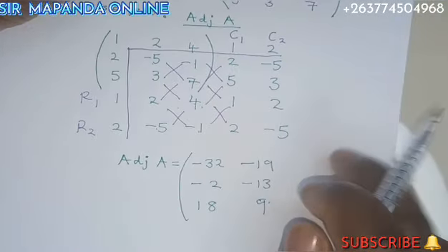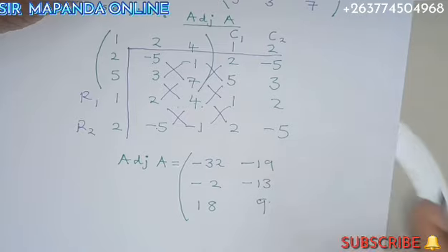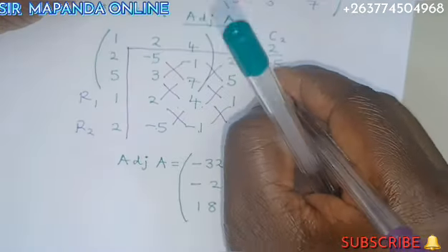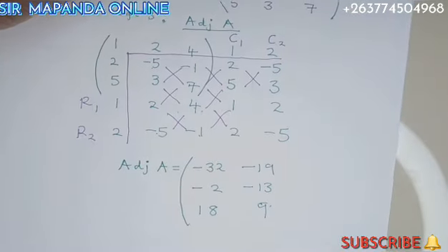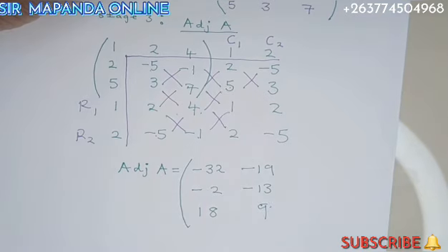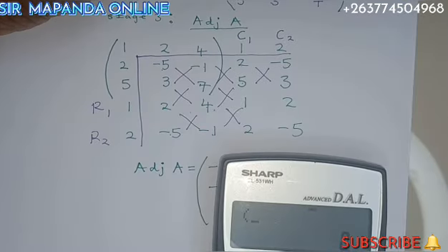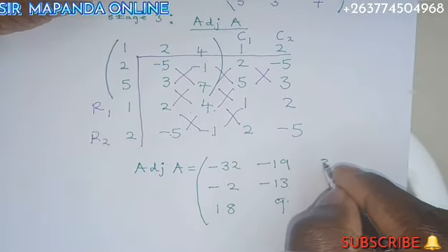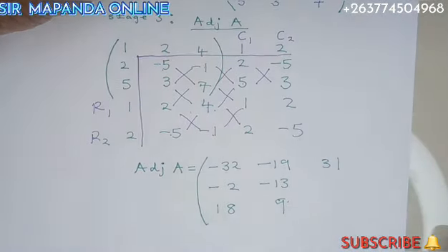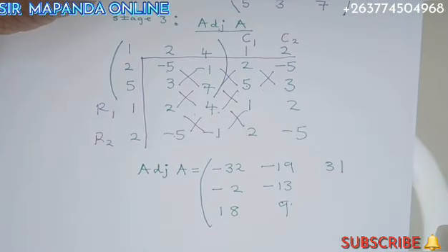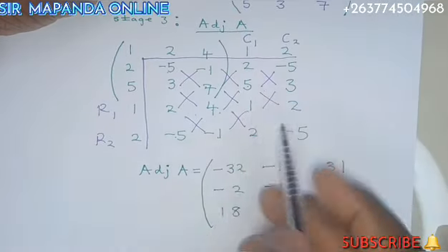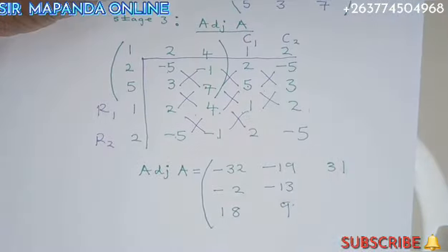Then you move on to this last column. We are going to consider 2, minus 5, 3, 5. You are saying 3 times 2, close bracket, minus 5 times minus 5, close bracket, to get 31. You write 31 here. Then you move on to the second 2 by 2, which is 5, 3, 1, 2.